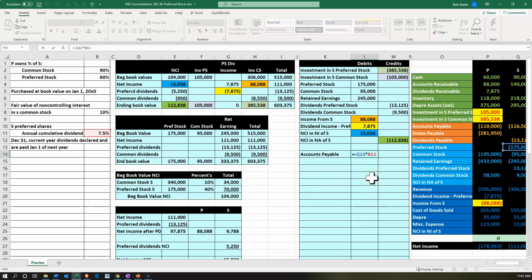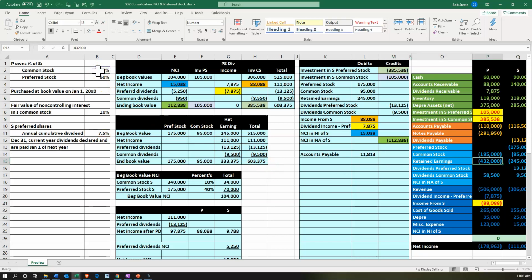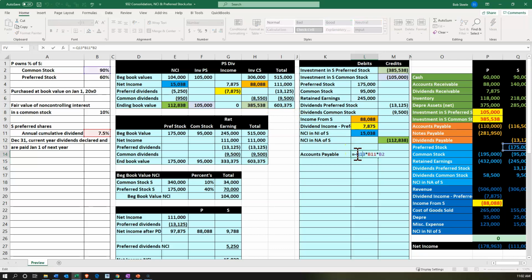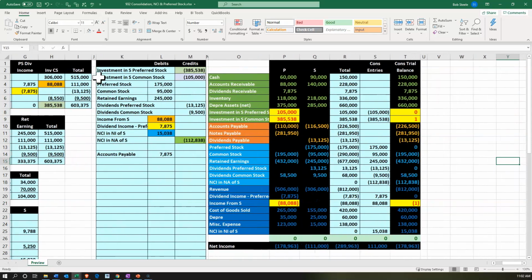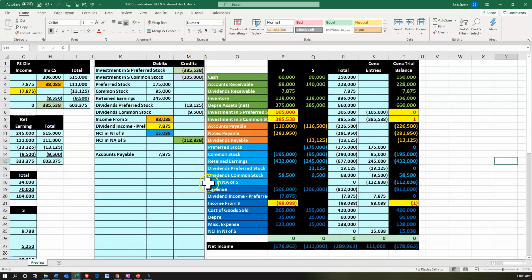And then if we take that times the controlling interest, that's the common stock controlling interest times the 60%. There's the 7,875. And then the other side is going to go to the receivable. Dividends receivable. So let's go ahead and post that out.